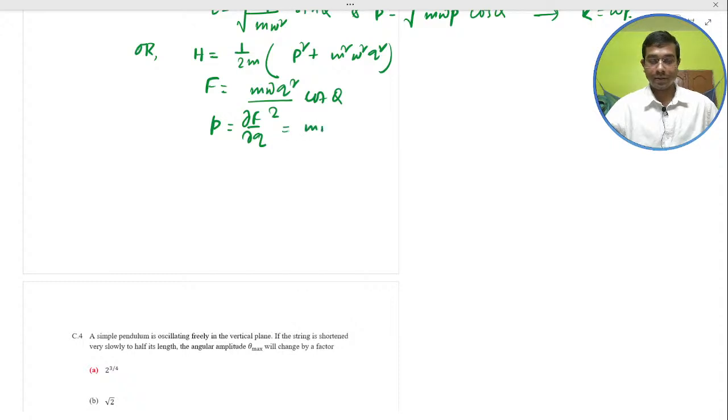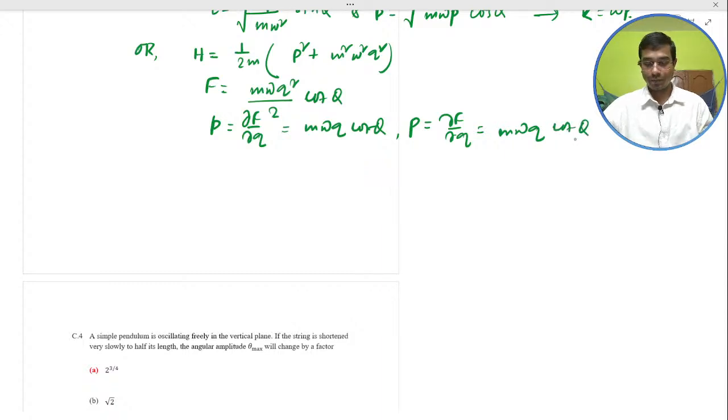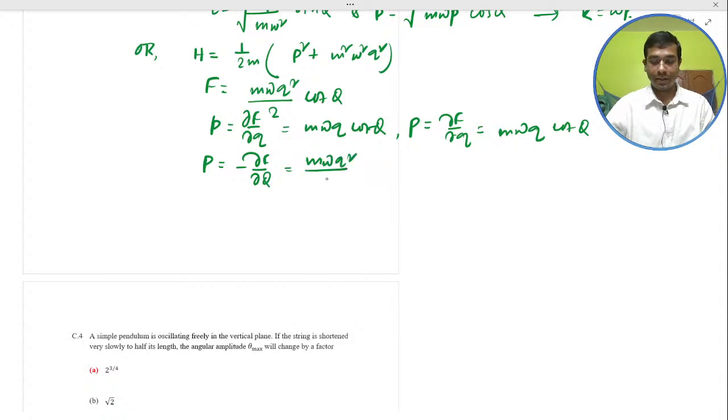Just to differentiate, we would get m omega small q cot Q. And the capital P would become minus del F del Q, which is m omega q square divided by 2 cosec square Q.